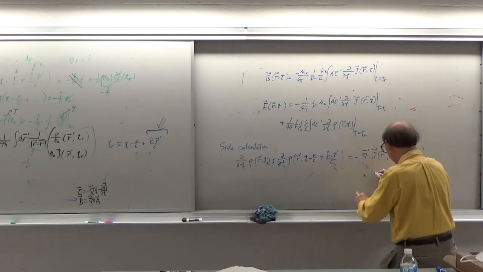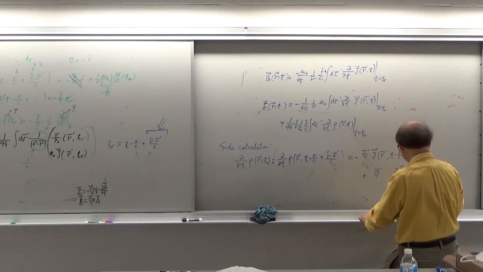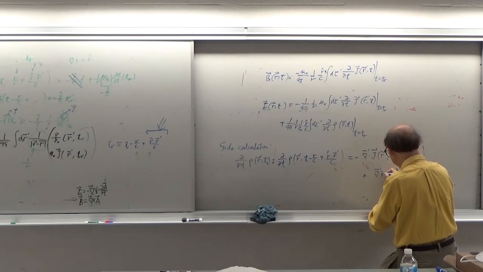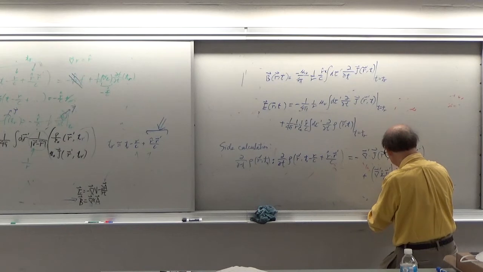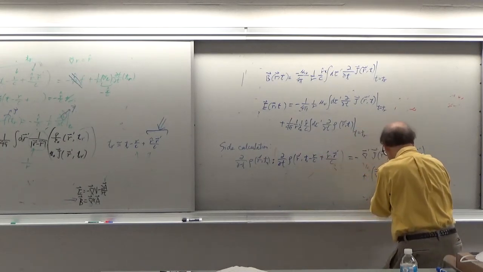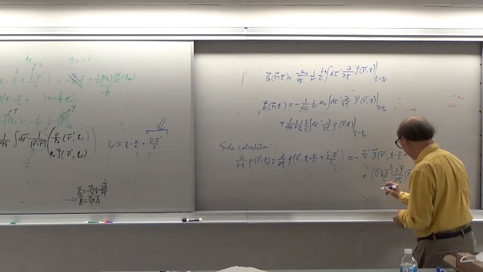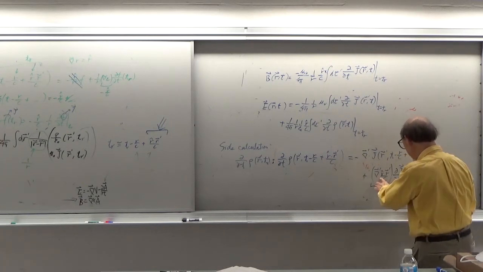Then we need gradient prime on this, and the only place where r prime appears is this term, r hat dot r prime over c. So this will just give me r hat over c.